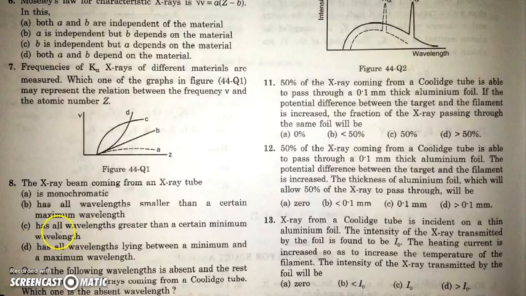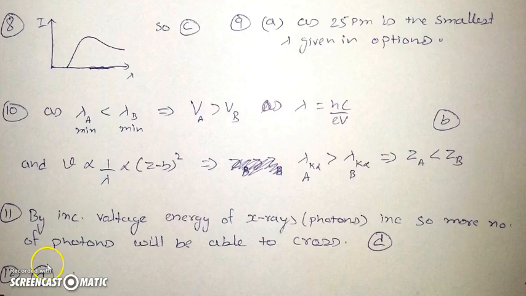So we get all the wavelengths which are greater than that. So obviously we'll get visible light, UV rays, infrared, radio in this experiment. From the graph also we can say that there's no wavelength which is less than this lambda min, but all the possible wavelengths which are greater than this are available.